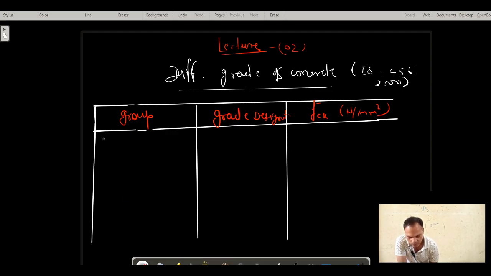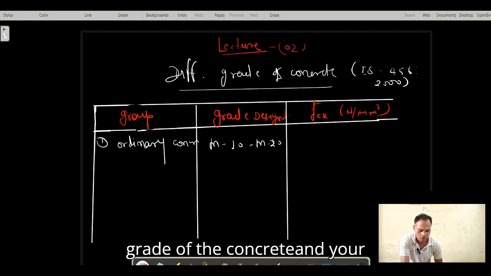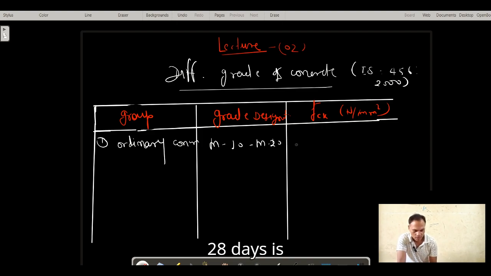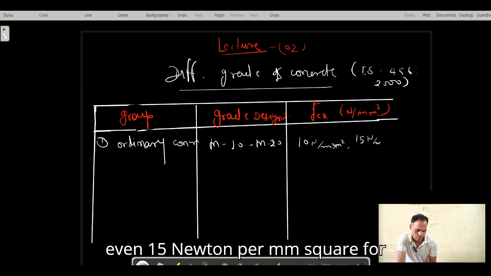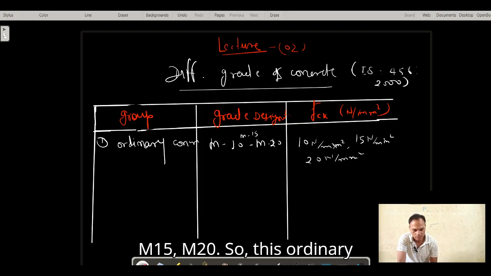So the first type of concrete is ordinary concrete. This ordinary concrete is from M10 to M20 grade, and its characteristic strength at the age of 28 days is 10 Newton per mm square for M10, 15 Newton per mm square for M15, and 20 Newton per mm square for M20.